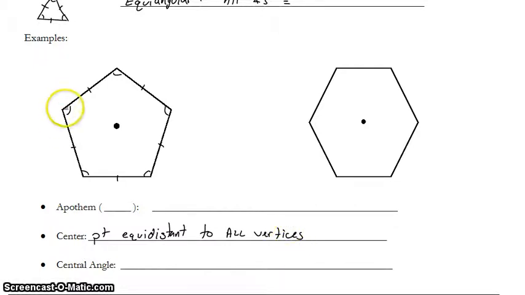What are your vertices? Your vertices are where your sides meet. So these are all of your vertices. That makes this point here the center, because all of those segments are congruent. Same idea here with my hexagon, a six-sided figure. The segments to the vertices are all congruent.